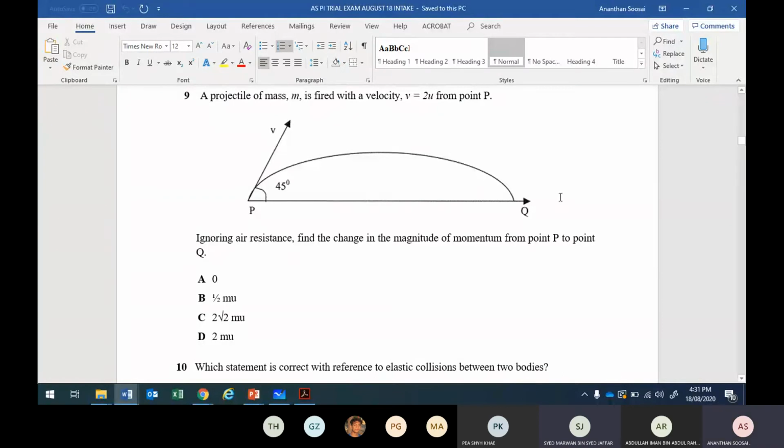Divided with velocity 2u from a point P. Ignoring air resistance, find the change in the magnitude of momentum from point P to point Q. Find the changes in momentum.